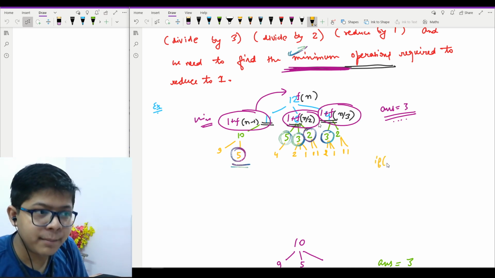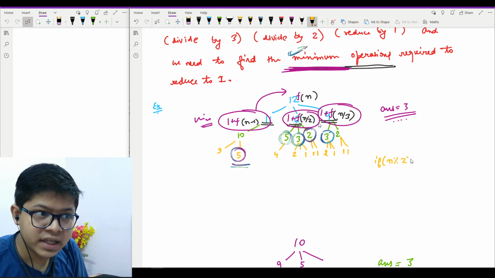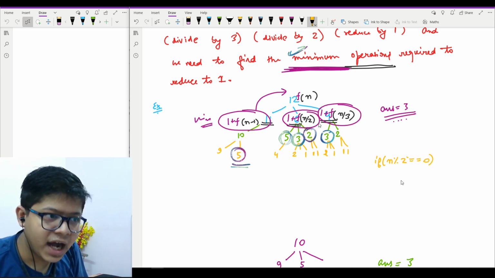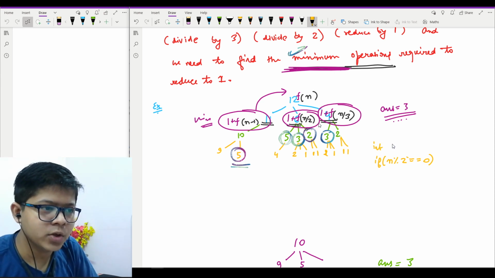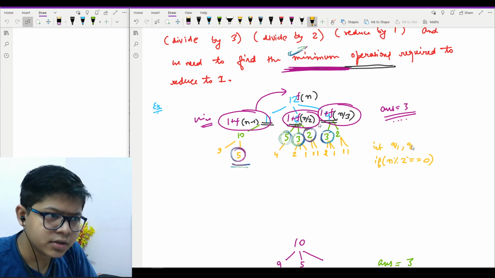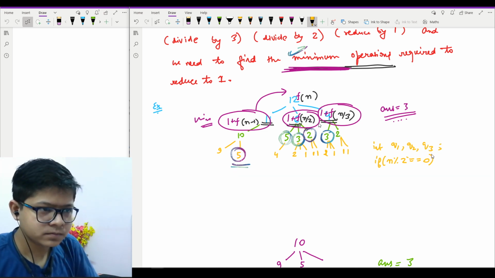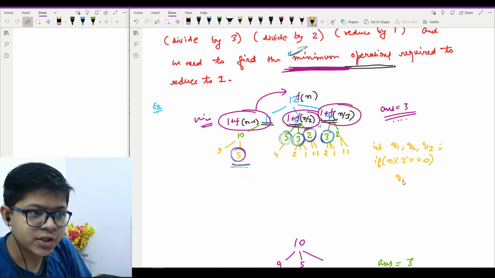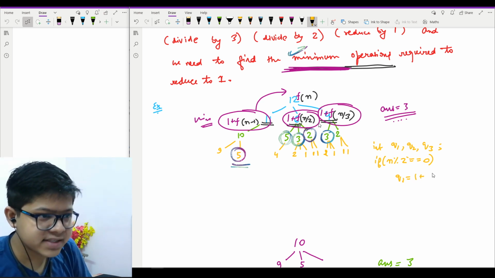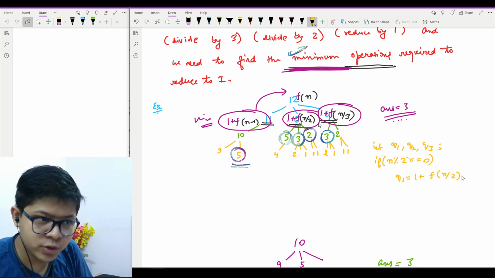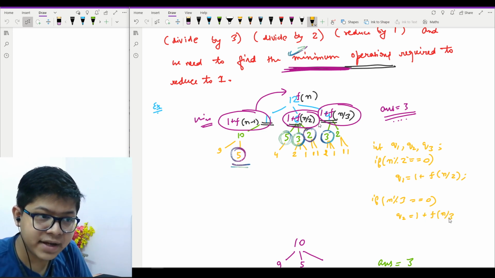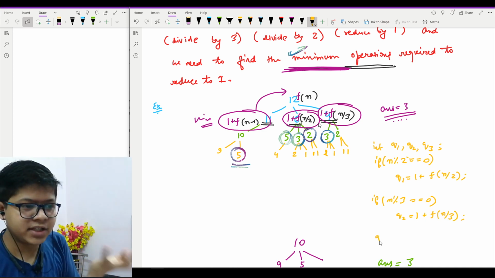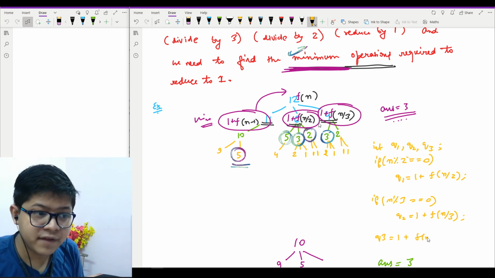If my n mod 2 is 0, then I will have some variables initially, int q1, q2, q3, right? Then I will say q1 is equal to 1 plus f of n by 2, right? If n mod 3 is equal to 0, then my q2 will be 1 plus f of n by 3, and at last my q3 will always be 1 plus f of n minus 1.